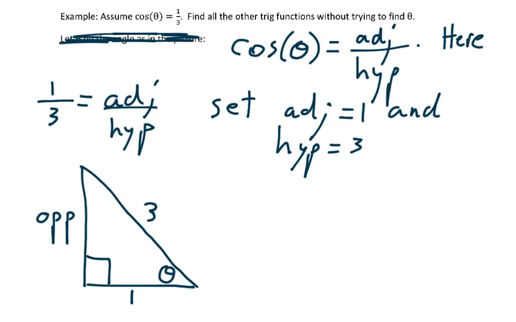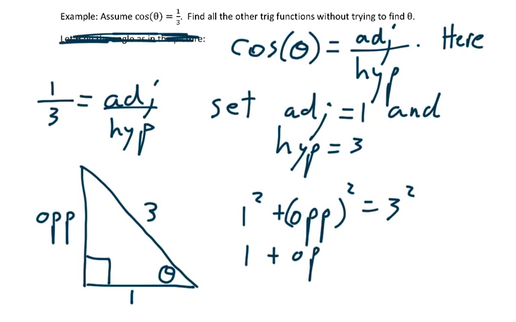But how do we get the other trig functions? Well, we need the opposite side length. And how do we do that? We have a right triangle. We know 2 of the side lengths, so let's use the Pythagorean theorem. By the Pythagorean theorem, 1 squared plus the opposite side length squared is equal to 3 squared. In other words, 1 plus OPP squared is equal to 9.